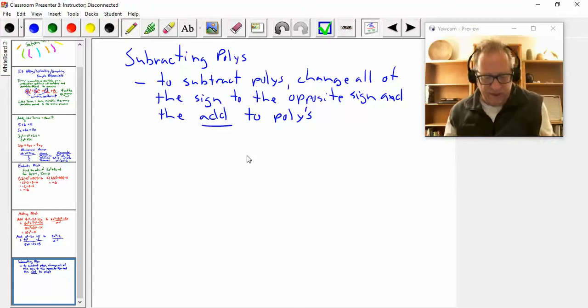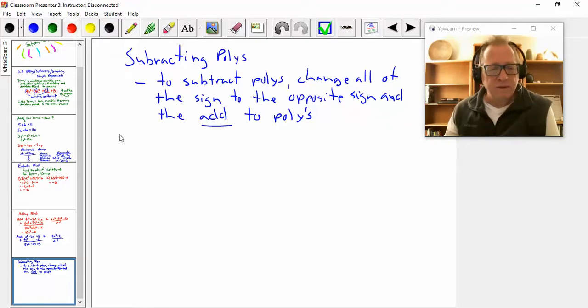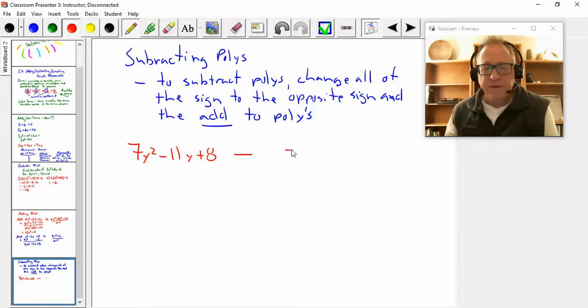Okay, let's see how that works. Let's start with this one. Let's take 7y squared minus 11y plus 8, and I want to subtract negative 3y squared plus 4y plus 6.